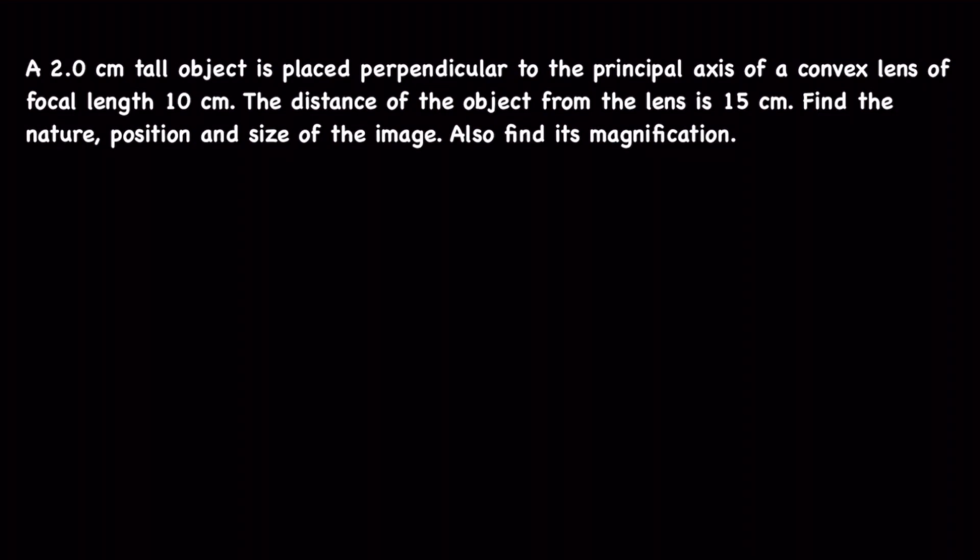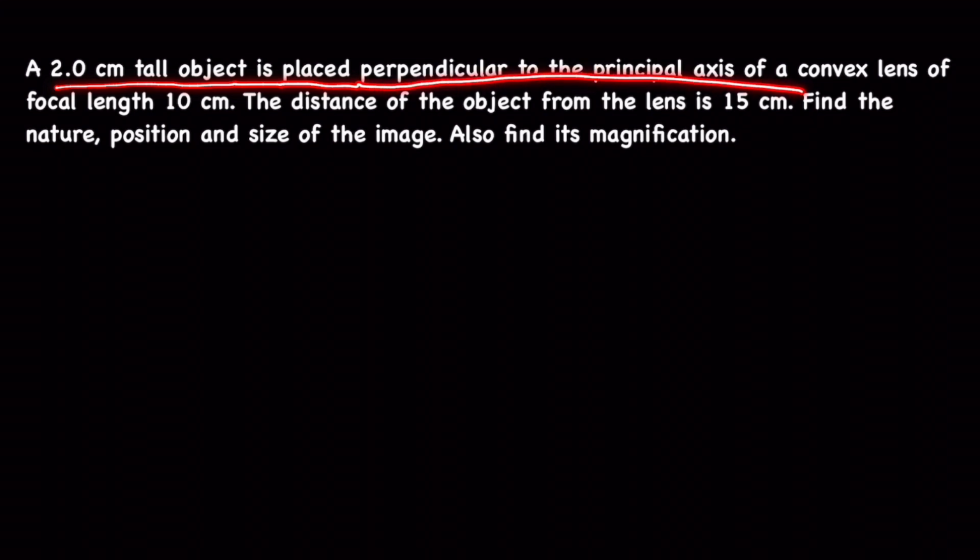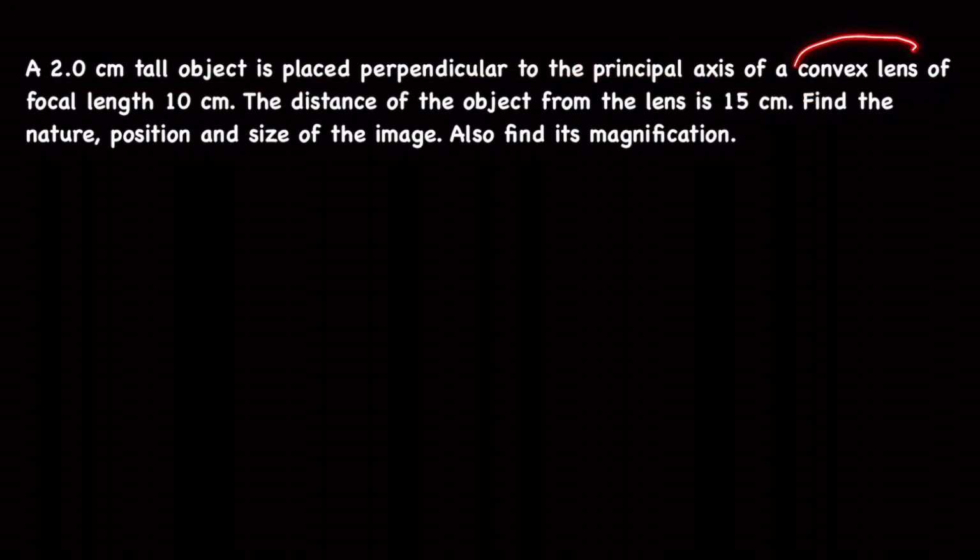In this question, a 2 centimeter tall object is placed perpendicular to the principal axis of a convex lens. So first we need to see which lens is present here. So it's a convex lens. And then after that, we will use the values to solve the problem. So here height of object is 2 centimeter and the focal length is 10 centimeter.